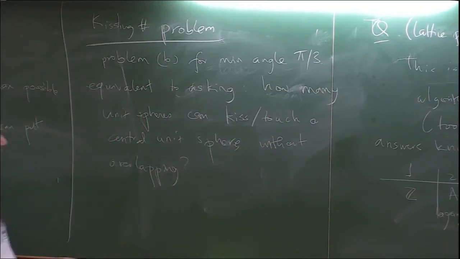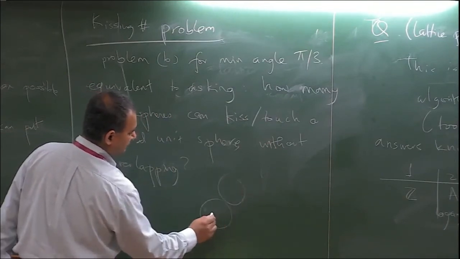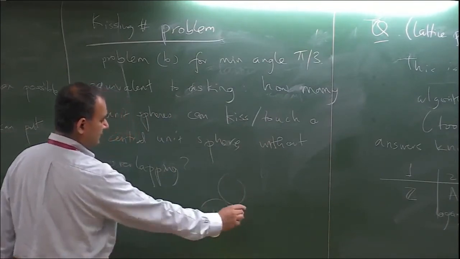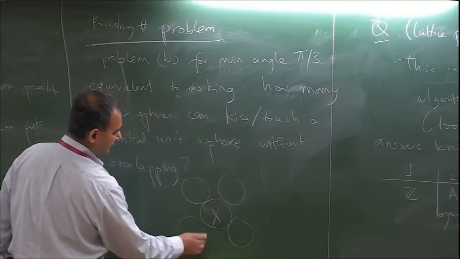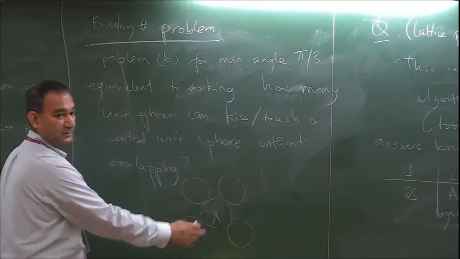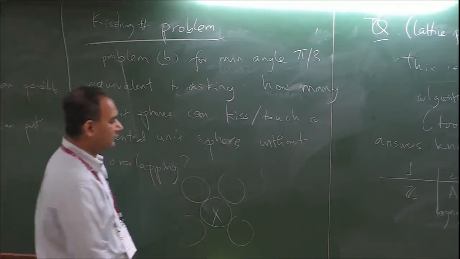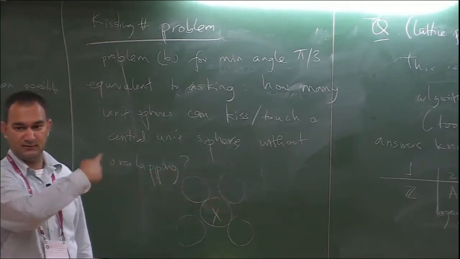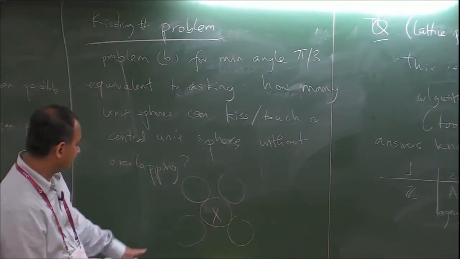So you've got a central sphere, and you're asking how many spheres can I put around it so that they don't overlap amongst themselves. They're allowed to touch as well. In 2 dimensions, it's kind of obvious: the answer is 6, but it's not so obvious in higher dimensions.